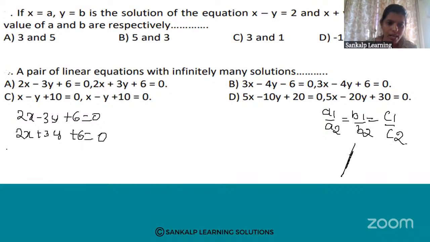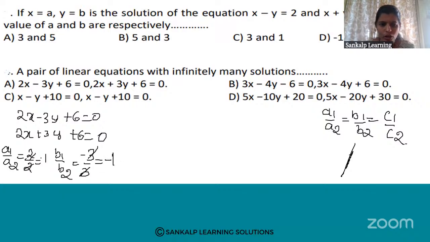Doing a1 divided by a2, what do you get? 2 divided by 2, 2 and 2 get cancelled, 1 remains. b1 divided by b2 is equal to minus 3 divided by 3, 3 and 3 get cancelled, but you will get minus 1. Here observe carefully, a1 divided by a2 is not equal to b1 divided by b2. Therefore, this option is wrong. No need to check the other ratio. Okay. Next one.